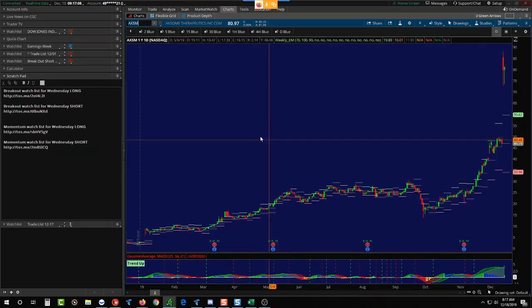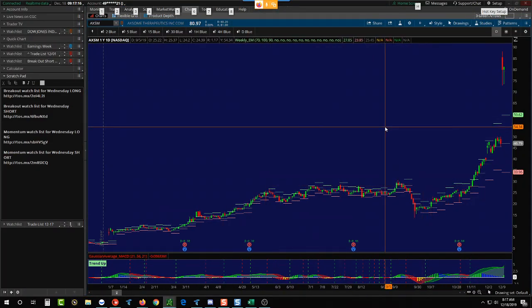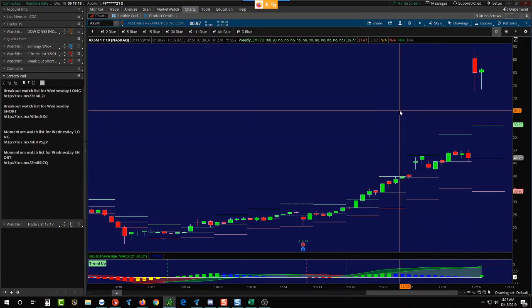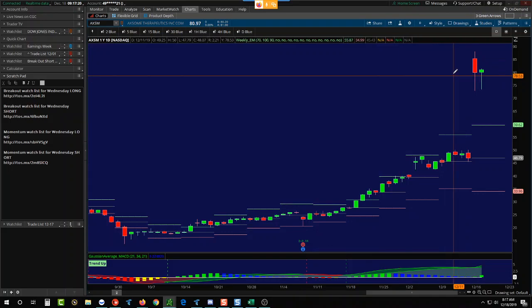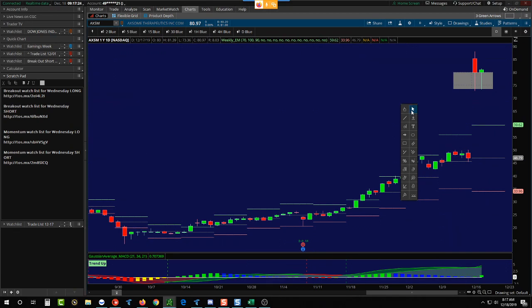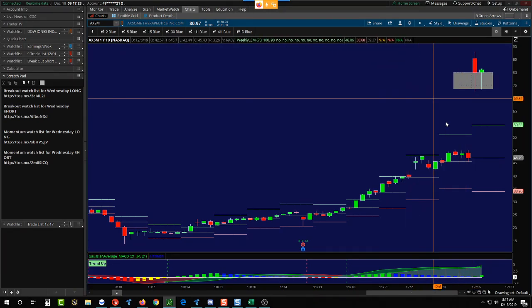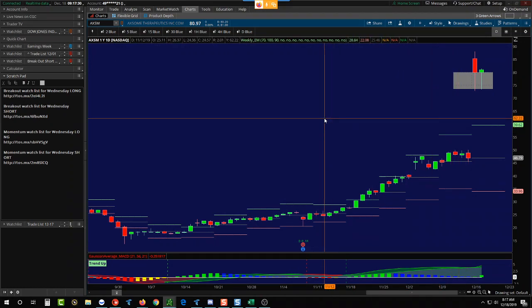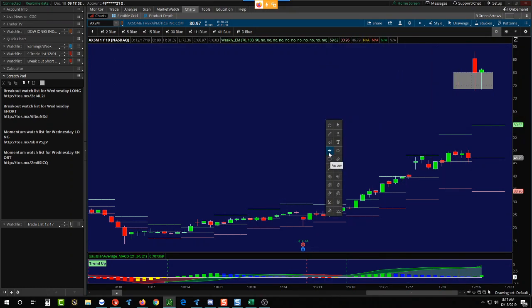This thing gapped up. I can still hear Lucian talking about something that gapped, wants to fill the gap. It needs to validate this range. If we're not looking for a gap fill, you can see that the buyers stepped in here and tried to keep this thing above $80. If the market isn't looking to fill this gap right away, then we would be looking for it to validate the price range that it now resides in.